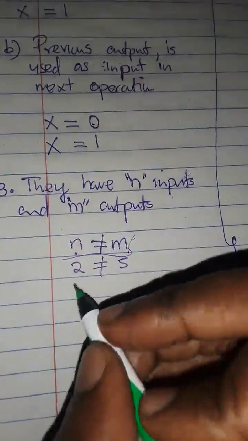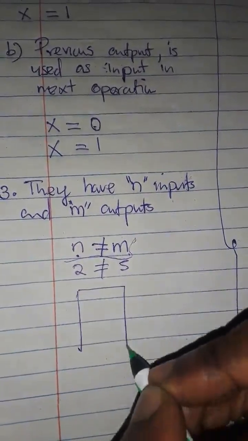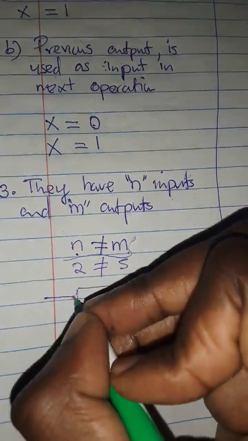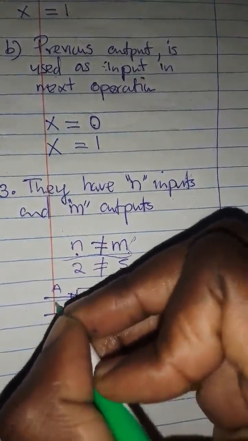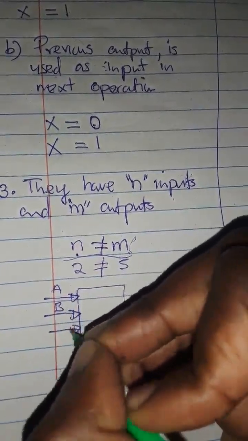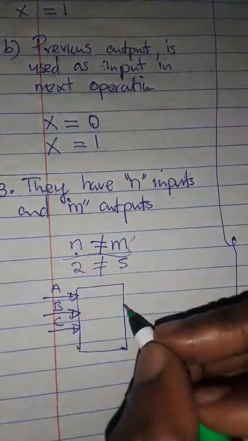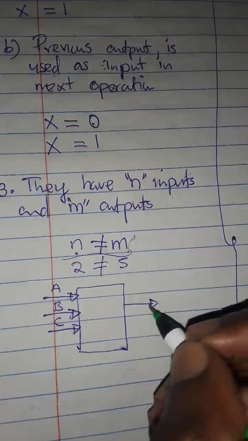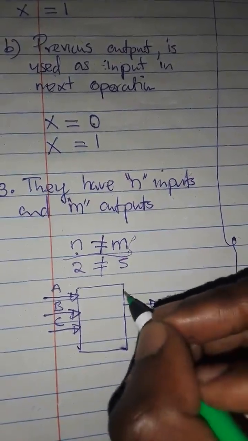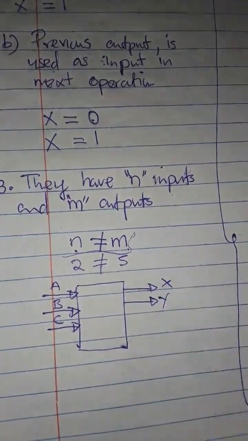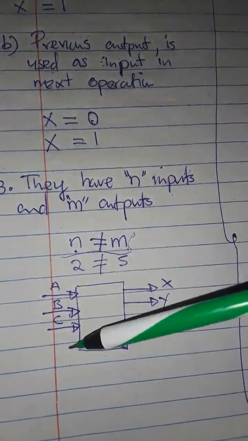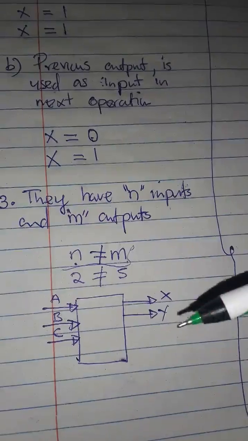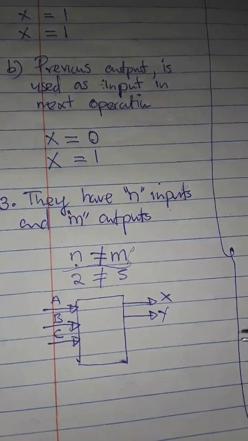They have n inputs and m outputs. This means that, for instance, I'll draw a block diagram for a circuit. A circuit might have any number of inputs. It might have, let's say, 3 inputs and yet have 1 output, and in some cases it might even have 2 outputs. They're trying to tell you that the number of inputs and the number of outputs sometimes may not be the same, and sometimes it may be the same.